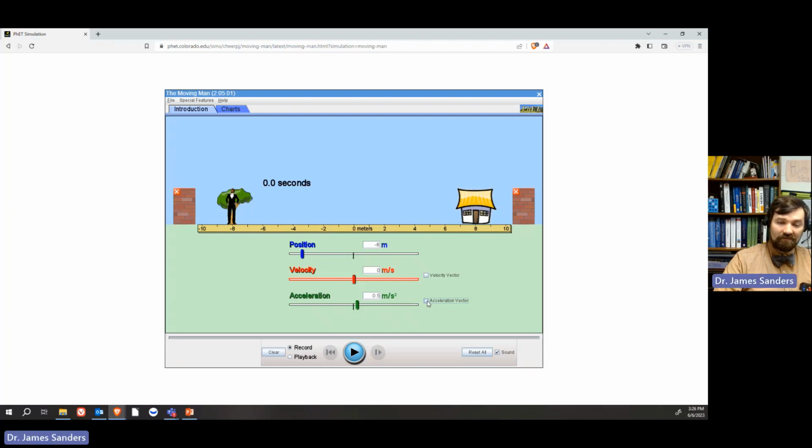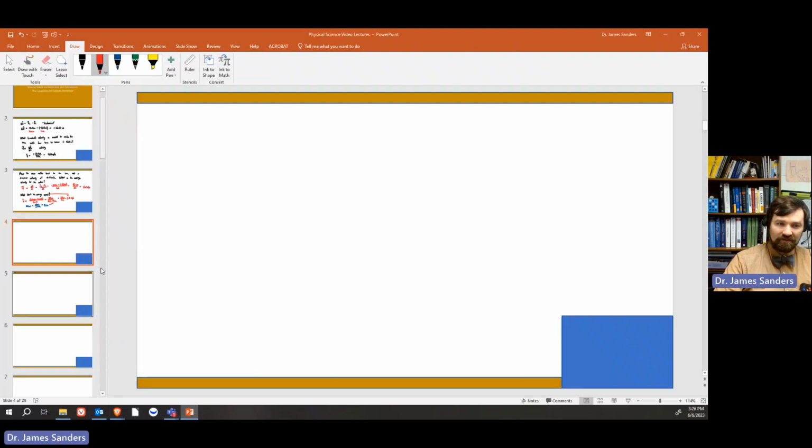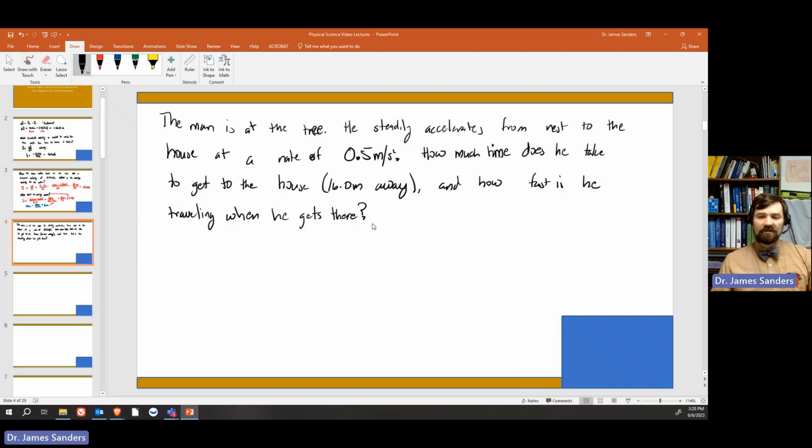We want to know how much time it is going to take for him to get from the tree to the house in this case. So let's come over to here and write our question. Given this steady acceleration of 0.5 meters per second squared, how much time is he going to take to get to the house and how fast is he going to be traveling when he gets there?